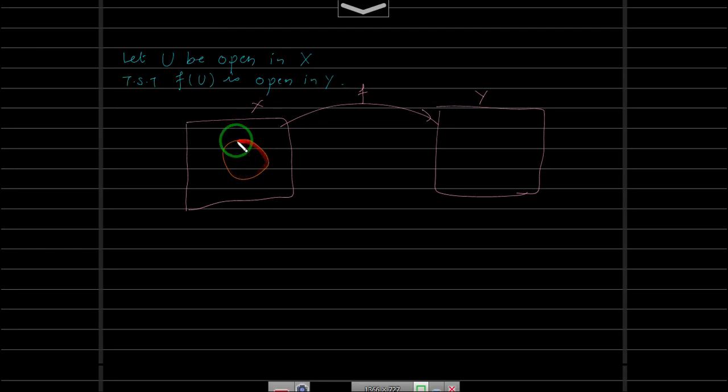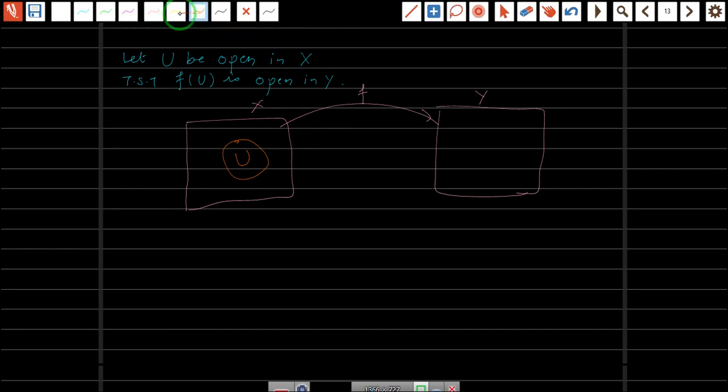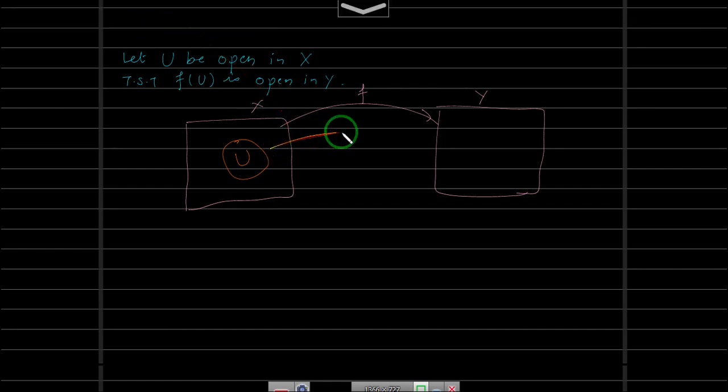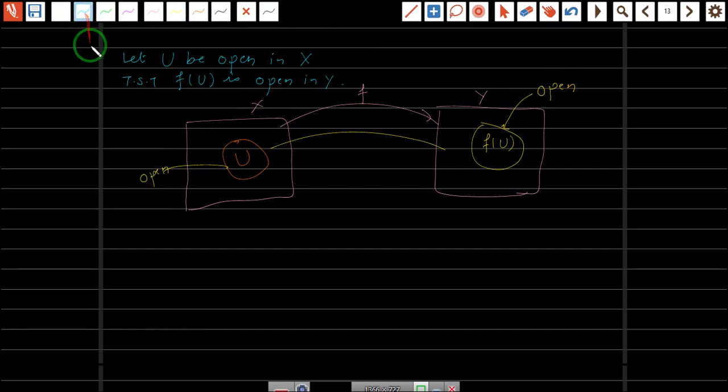So let us take an open set U in X. We need to show that the image of that U, which will be here, f(U), is open, and we have taken U as open. Okay, same thing you can do for closed. So let's go back.